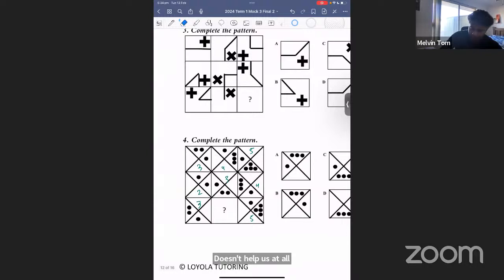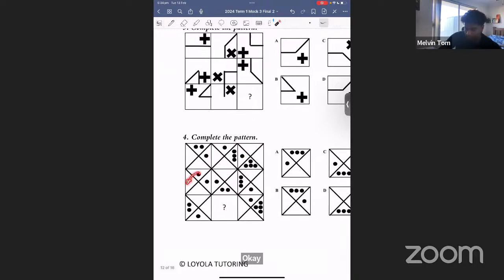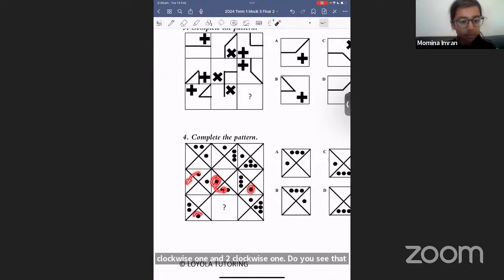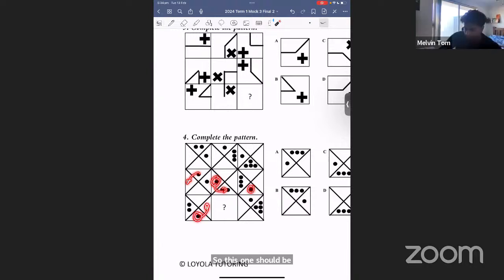All right. So let's focus on how the dots are moving. If we look across, we can see that there's always 1 dot, 1 dot, 1 dot. And how is that going? It's going anti-clockwise 1, anti-clockwise 1. Do you guys see that? So this one should be anti-clockwise 1 on the right-hand side.